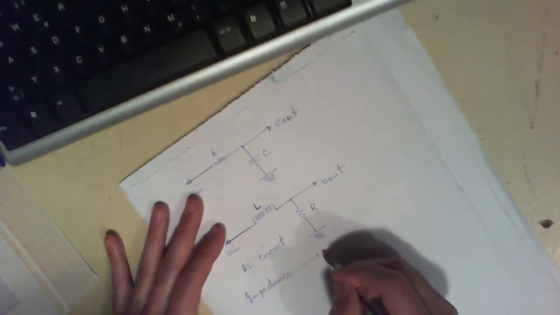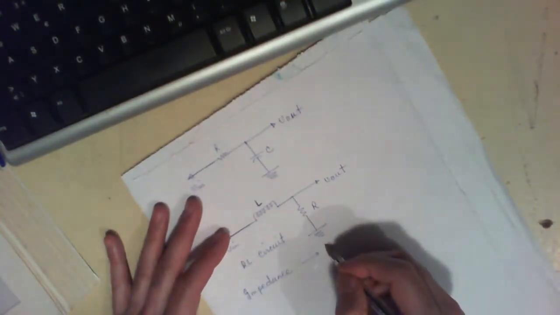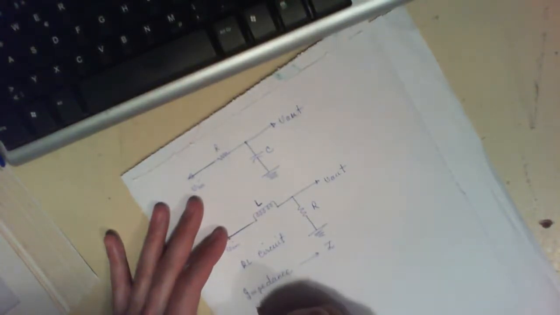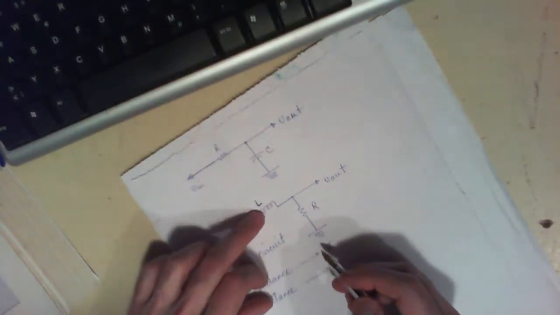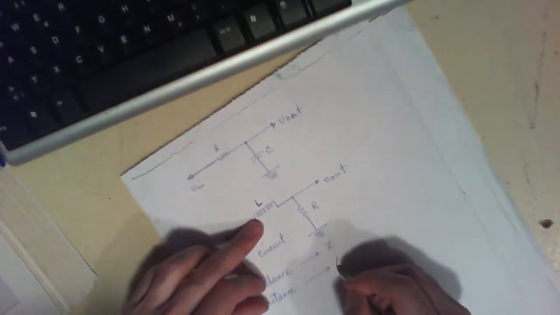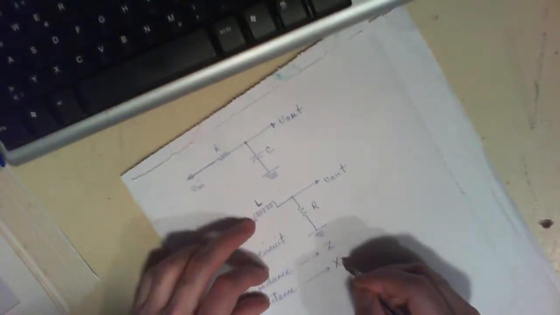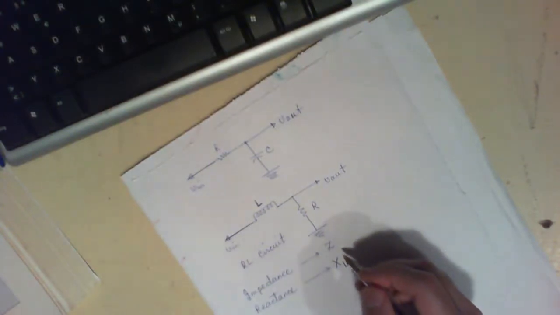It's denoted by Z, and there is also a reactance in this circuit, and since the reactance is related to the inductor, it's denoted by X of L instead of X of C.